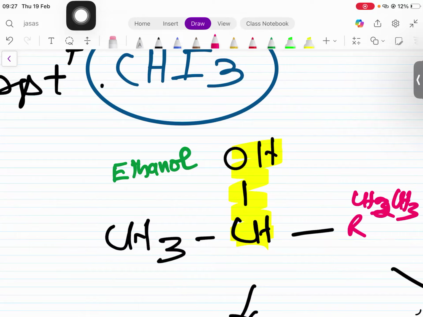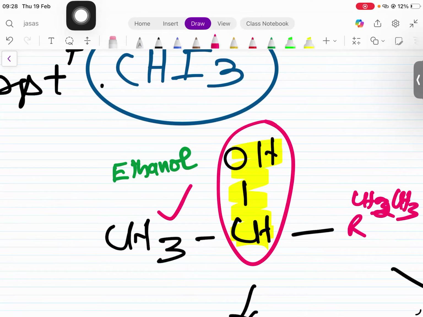If I keep the chain progressing, adding iodine, they will give yellow precipitate because yes, CH3 is present next to CHOH. So in primary alcohol there was only one, ethanol, but in secondary alcohol there is not one, many of them. Many ketones, sorry, yes, just like ketones.